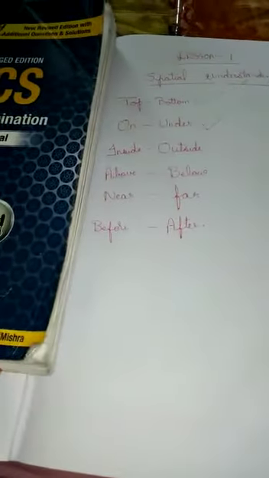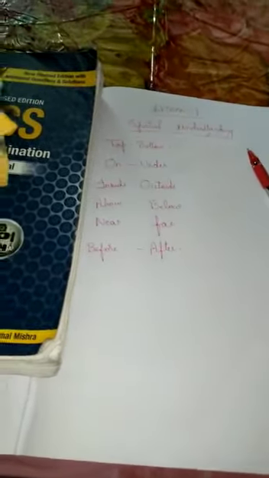Okay. Next, same thing, and the notebook is under the textbook. Understood? Or another example, the pen is on the book, and if I place the same pen under the book, the pen is under the book.